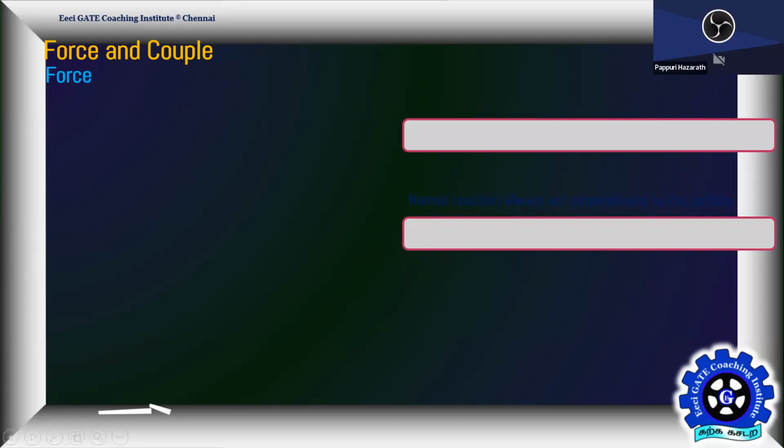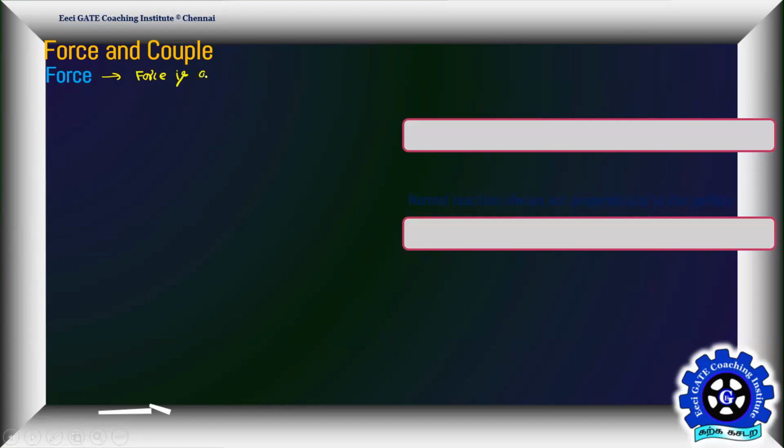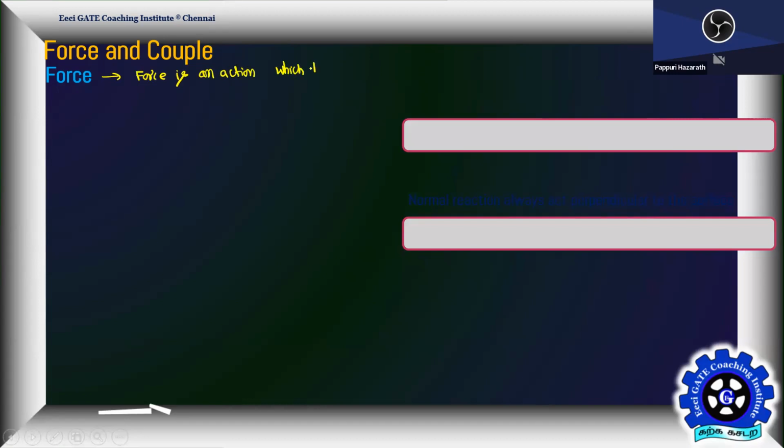Force is an action which tries to change the state of the body. Okay. What is the definition of force? It's an action that tries to change the direction or location. Which tries to change the state of the body.